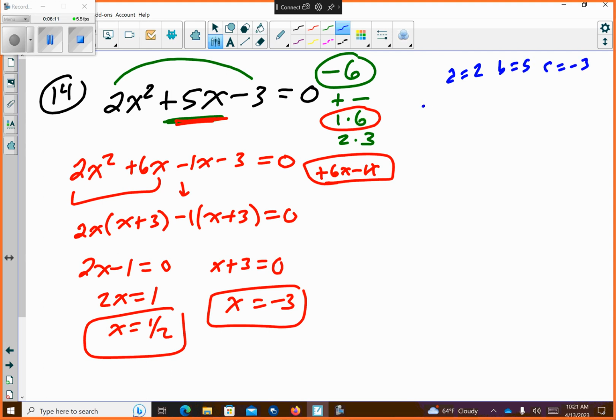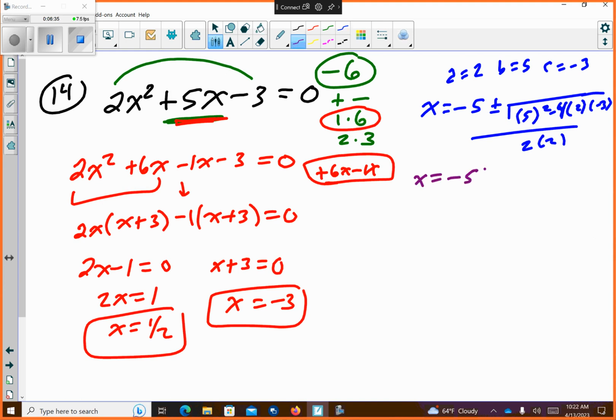So you know you have x equals negative b plus or minus the square root of b squared minus 4ac, all divided by 2a.